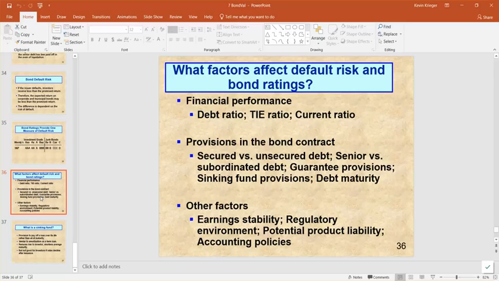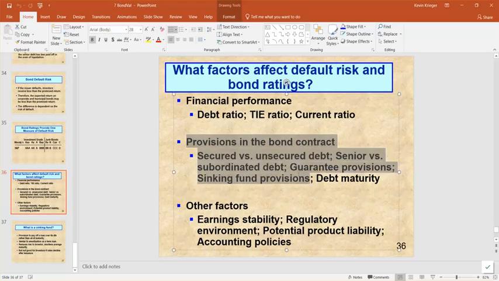You could even have different bonds from the same company that have different levels of rating, because some of them are senior, so they have higher ratings and thus pay less interest. Some of them are subordinate, which means they have higher coupon payments, but less guarantee. So it depends on details within the bond contract, and that can even differ from one bond to another, issued by the same company to raise money.